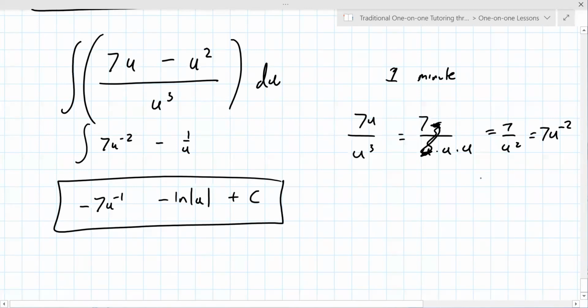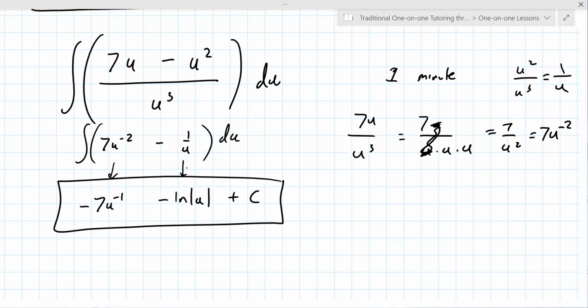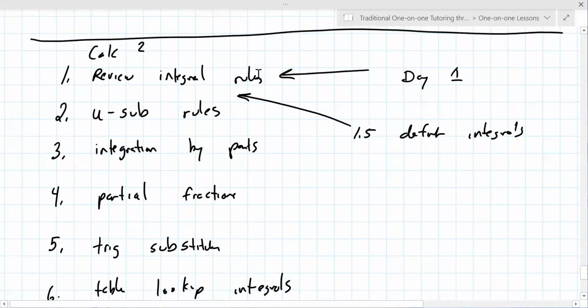And then u squared over u cubed is 1 over u, because you've got 2 u's up top and 3 on the bottom. And then you integrate it. But this is number 1.